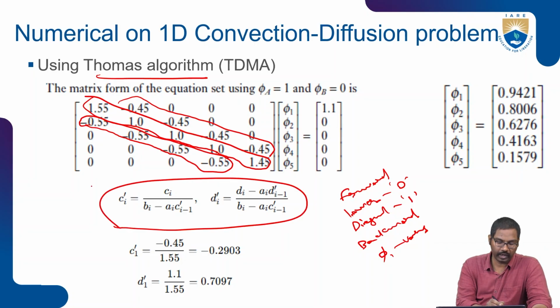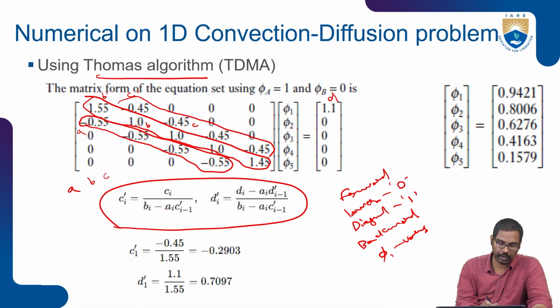Here we consider the equation coefficients A, B, C. For the first equation we have only B and C, and we consider the constants as D. The second equation has A, B, C. The modified version is denoted with a dash.